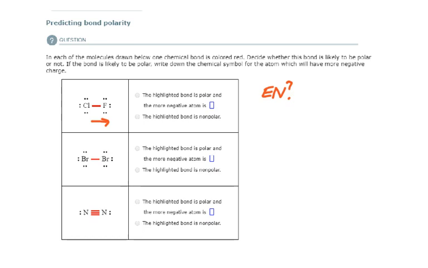Now, this doesn't mean that the electrons are pulled all the way to the fluorine atom, because fluorine isn't that much more electronegative than chlorine. The difference in electronegativities between the two atoms has to be somewhere around 2 in order for that to happen.